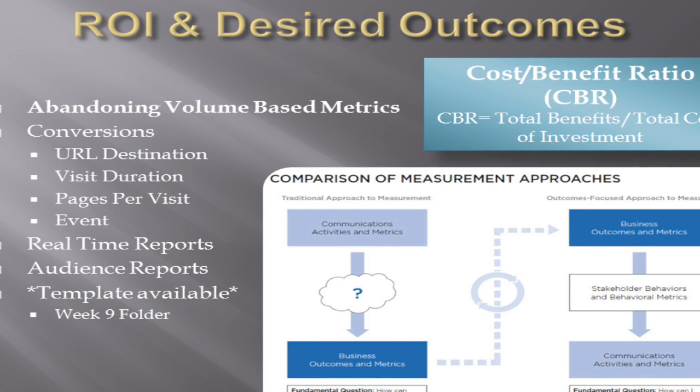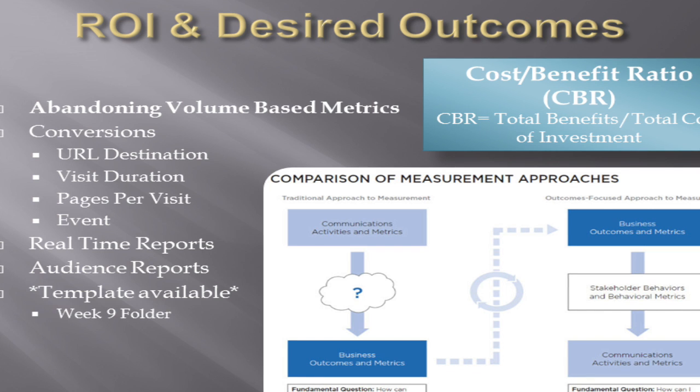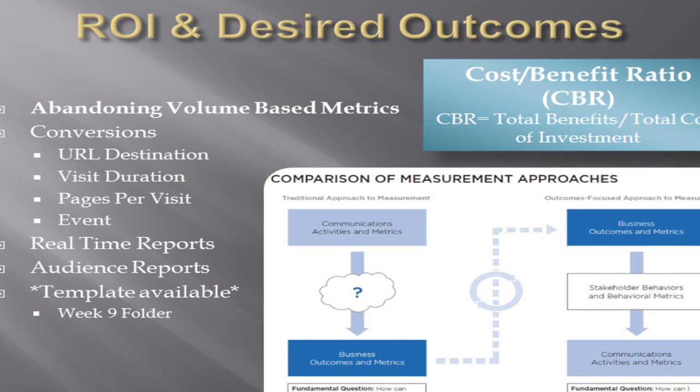ROI is often calculated by making estimates or obtaining measurements of the costs and benefits associated with an initiative. The analytics, or desired audience outcomes, and ROI, in this case, go hand in hand, and you should customize them based on your business goals in relation to your audience.